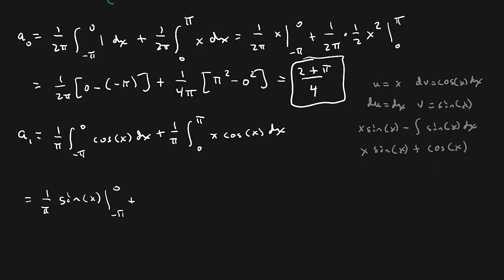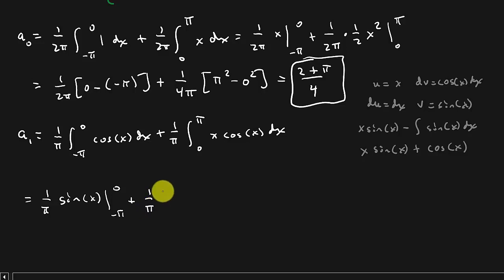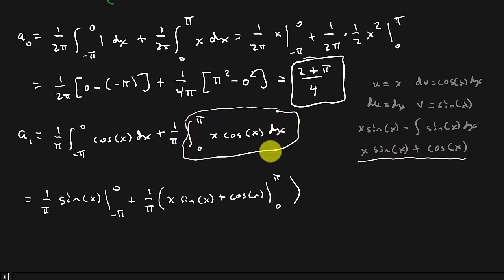And so that's going to be plus 1 over pi times x sine x plus cosine x from 0 to pi. Okay, so I had to do parts here. Go to the side, do it, get your answer, and then all I'm doing is replacing all of that with what I got as my answer. Okay, that's all we're doing.